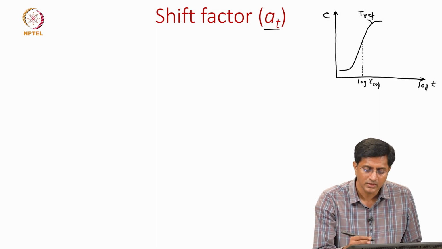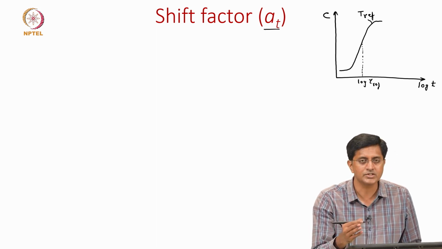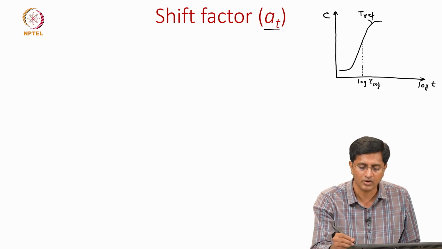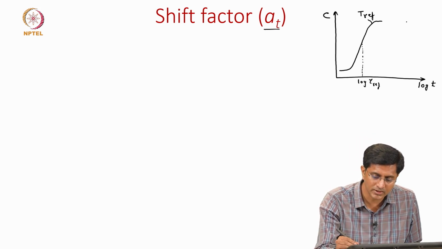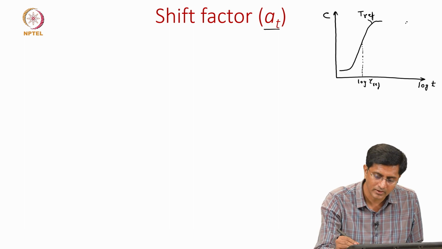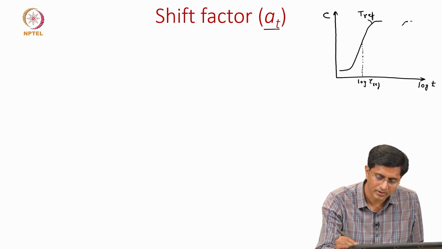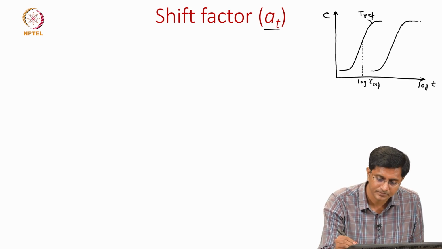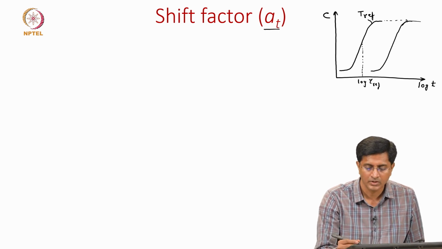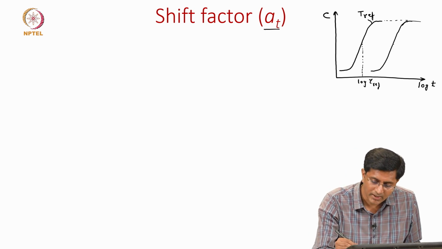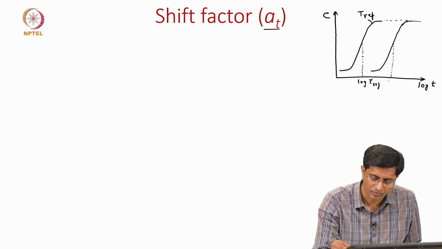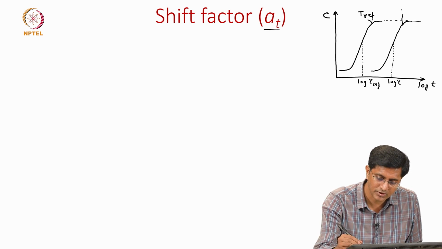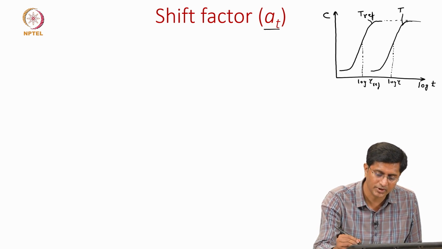Now, once we change the temperature, this curve will either shift to the left or right. Let us say this is the curve at a different temperature, and let us say this has a relaxation time tau, and this, as I mentioned, corresponds to this new temperature T. Okay.